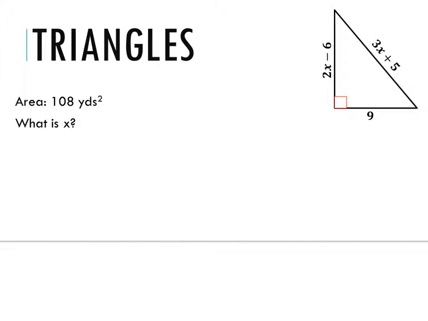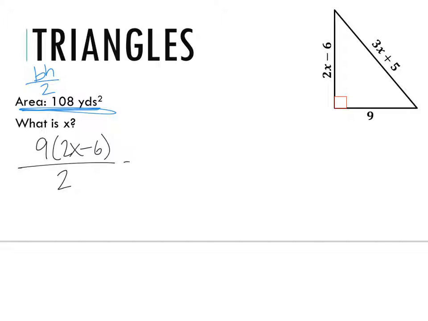Alright, so I went a little out of order. I want you to skip down to where it says the area. So notice here it says the area is 108 yards squared. So remember, area is 1/2 base times height, or base times height divided by 2. So I'm going to say that 9 times 2x minus 6, all divided by 2, is equal to 108 yards squared.